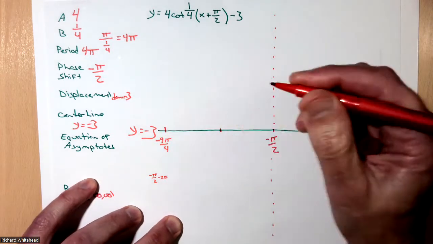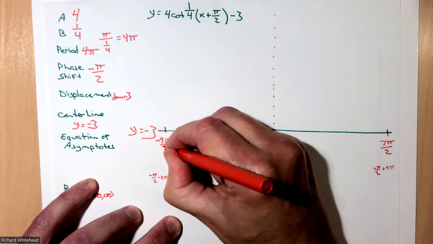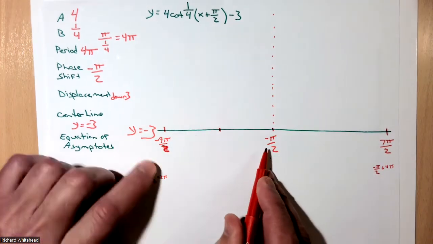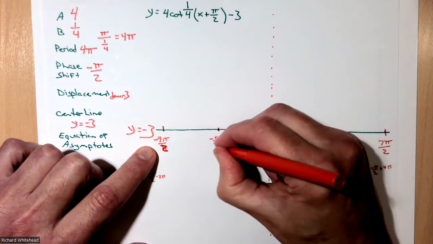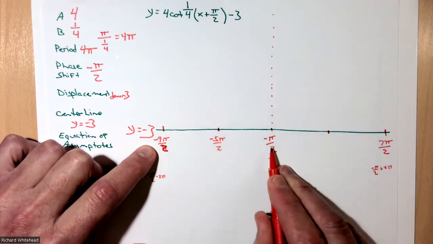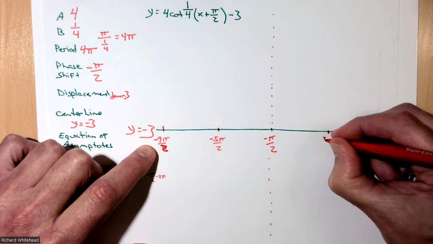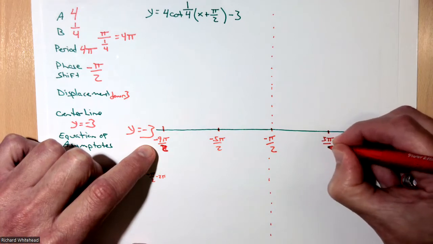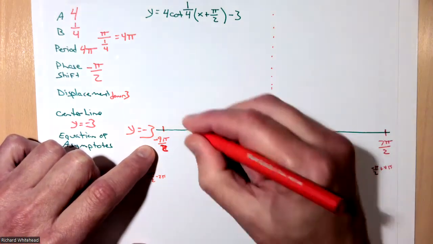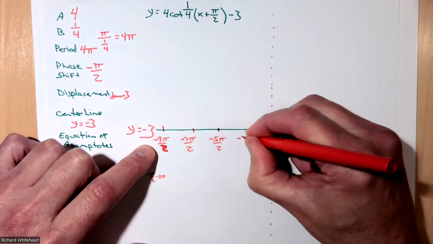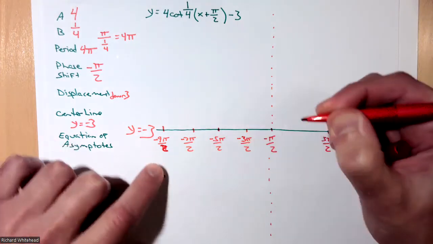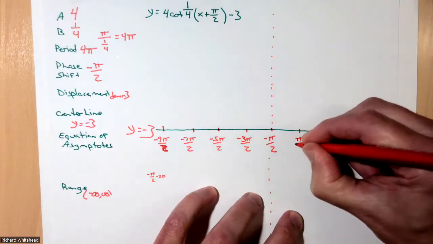This one actually ends up being pretty easy to chop up, because that'd be negative 10 over 2, so negative 5. This one would be positive 6 over 2, so 3. So it looks like the pattern here is every 2 pi.